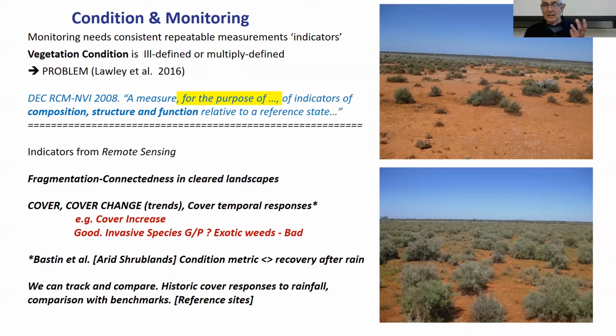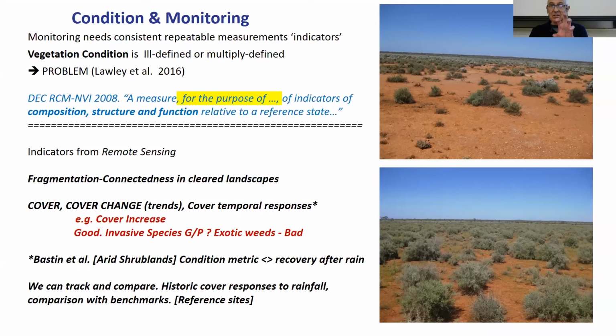So really, the remote sensing data sets we have now provide the opportunity to track and compare a relevant indicator, so that we can look at what happened to cover in response to rainfall or drought or fire. And we can compare those with benchmarks, which can either be chosen from known reference sites, or from the land systems as a whole, to really rate those things as good or bad a priori from remote sensing and then tactically label them if that is justified.